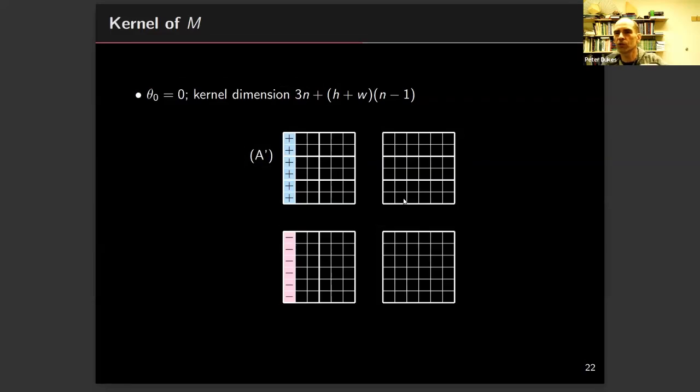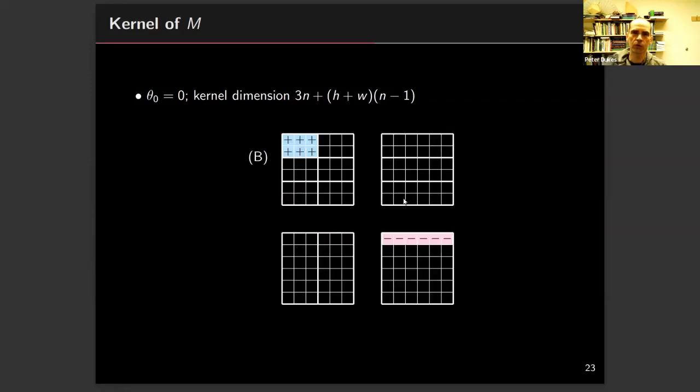Now you can do something similar where you transpose that, so you exchange the roles of rows and columns. But there are other types of kernel vectors too. Just to point to this one, for instance, here we've chosen the top left box of the Sudoku, so that's this little 2x3 box. And then we've assigned -1 to all the symbols that occur with that box.